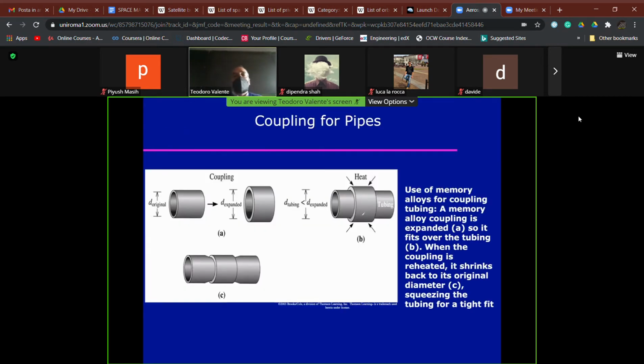One interesting application that I want to mention to you for the use of shape memory alloys is coupling for pipes. I mean, we have two pipes, this one and this one, that we want to couple without, for example, any welding.